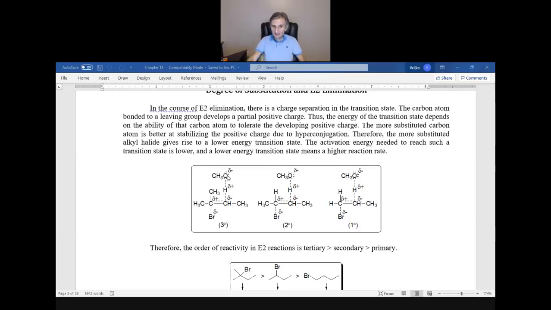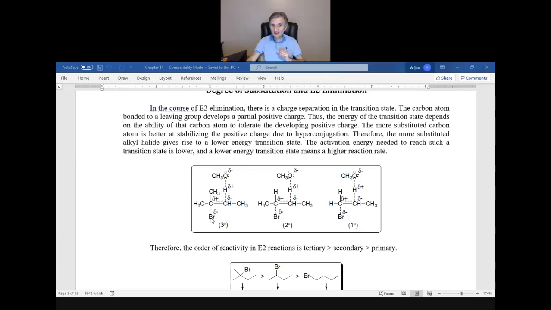So that means if charges alternate, if this oxygen in the transition state is developing partial negative charge, then the next atom in the chain, hydrogen, will develop partial positive charge, then partial negative is carbon. That will be the future carbon of the double bond, then partial positive, and bromine that will leave as Br minus. When it leaves, it will have complete, full negative charge.